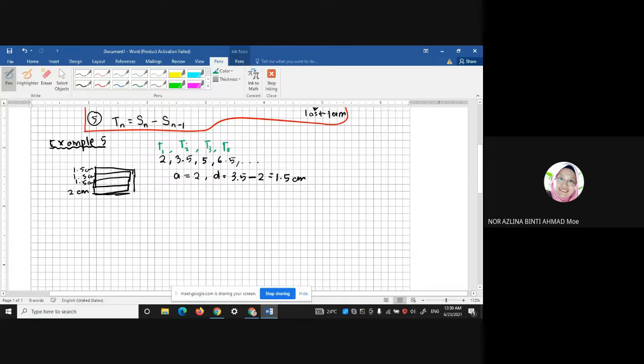T ni maknanya dia punya sebutan dari bawah, dia punya tinggi, total tinggi dia. Jadi sekarang dia nak T16. Berapa tinggi dia? Kalau T16 maksudnya tinggi daripada bottom sampai 16 buku. Jadi sekarang kita nak cari T16.